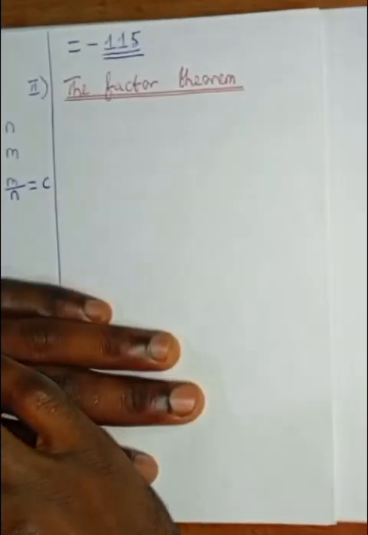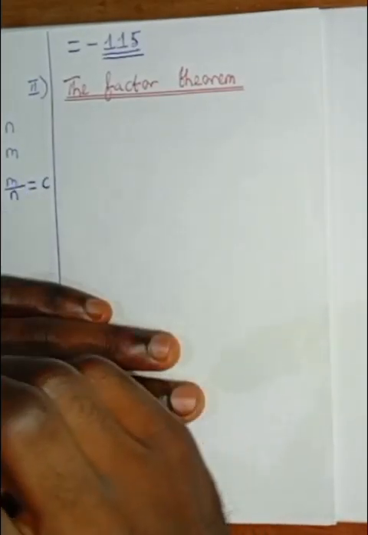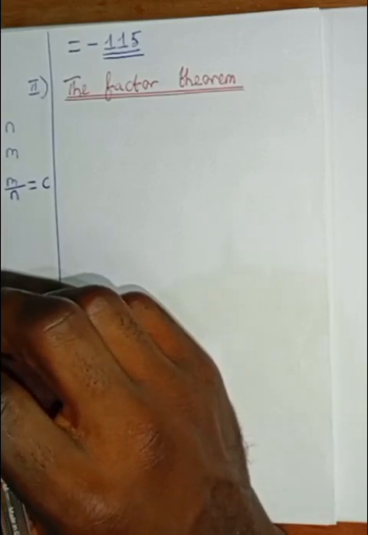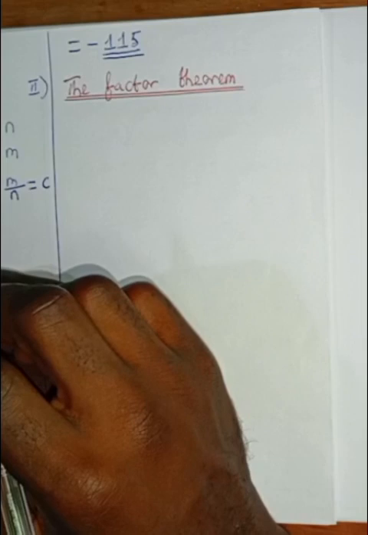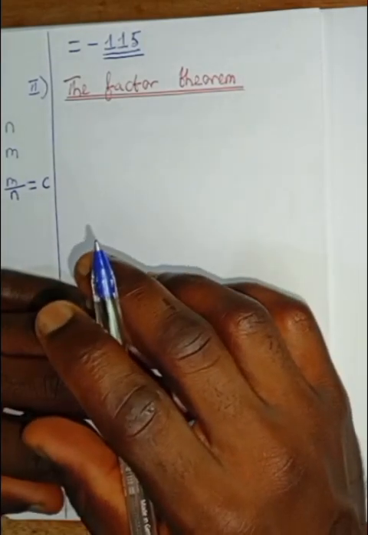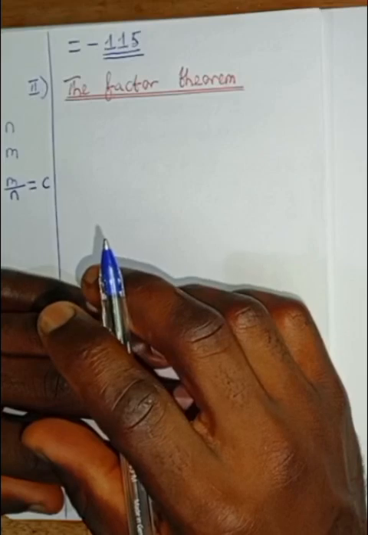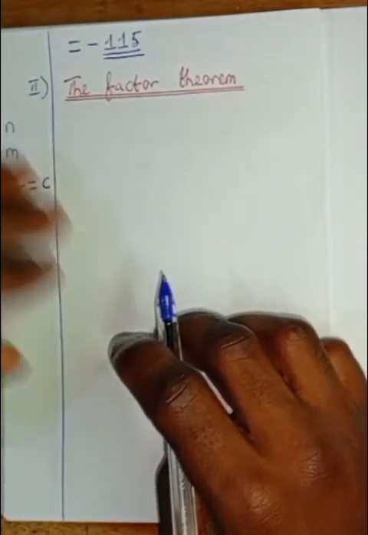That means it leaves no remainder. In this case, the remainder will simply be 0. So if we divide polynomial f of x by another polynomial g of x, and it leaves no remainder, in such a case, we are going to say the polynomial g of x is a factor of the polynomial f of x.